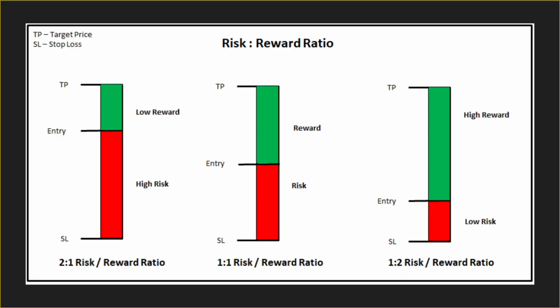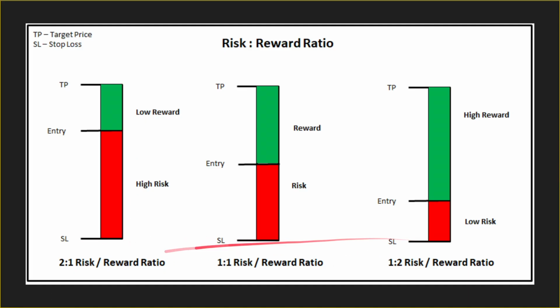Now here's a visual example of risk reward ratios. Once again, here's similar to our trading tool that we found on TradingView that we were using before. Here's our entries, and the green would be our profit area, or the top would be the target price or the profit target, and the red would be our risk area, with the bottom line being our stop loss set.